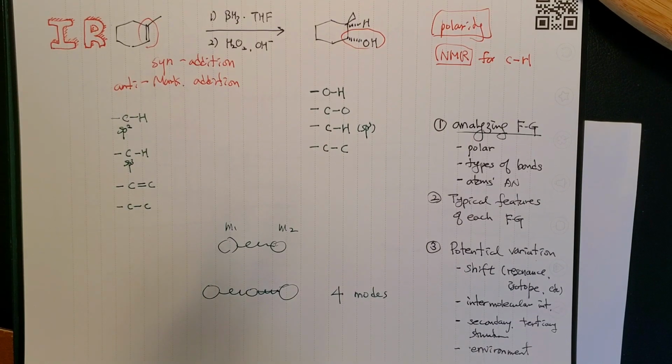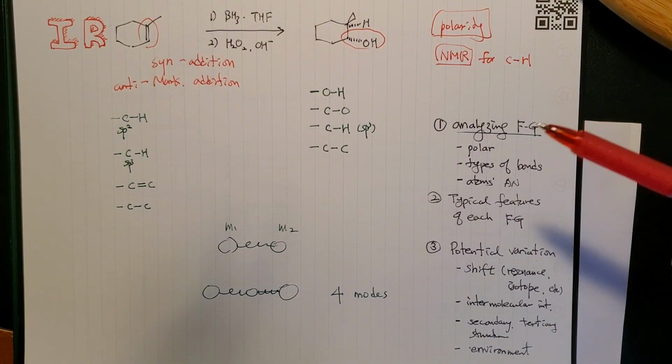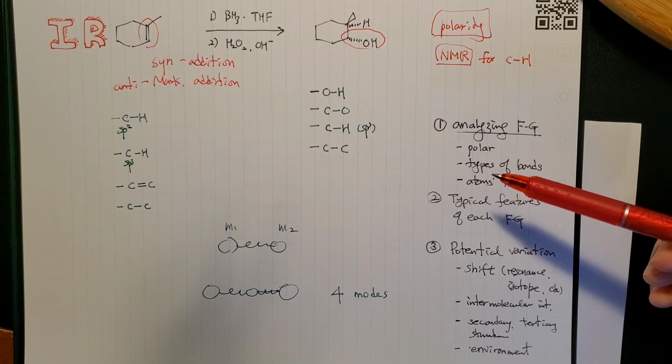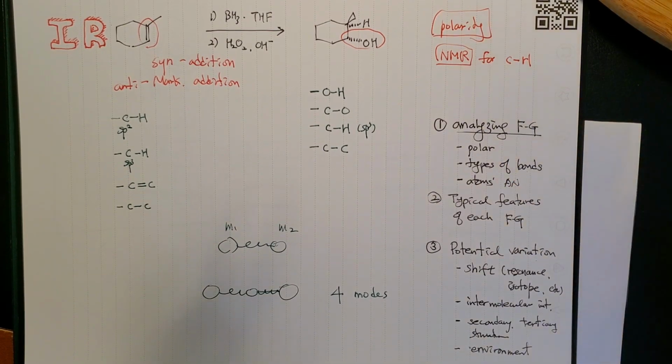Before we start our lesson today, I want to say that IR is useful for simple checking of functional groups, and for more details on the organic portion of the molecule, you need the help of NMR or other instrumentation.